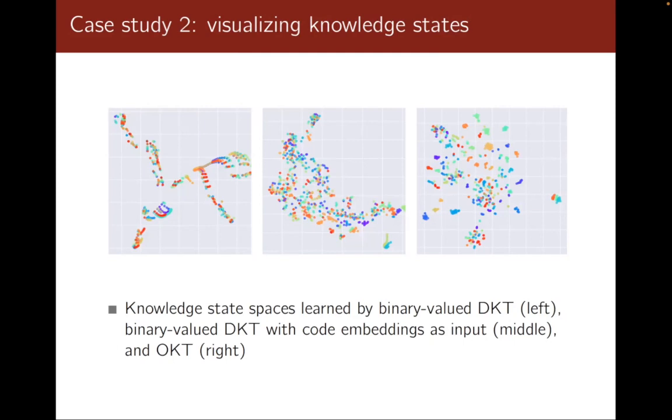But in the middle, once you use the exact code, transform it to an AST, and use it as input but not output, you start to see the space disentangling a little bit. But on the right-hand side, which is what we do, once we use the actual code as both input and output to predict, then you see that things are further starting to separate. Now we can try to make this latent space more meaningful than before.